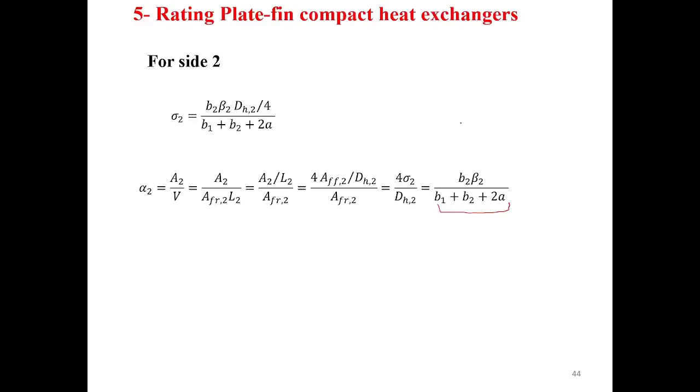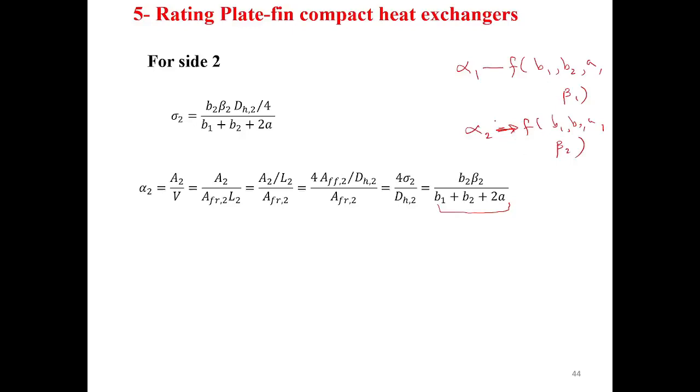The conclusion of these two equations is that now you have alpha 1 as a function of B1, B2, A and beta 1, and you have alpha 2 as a function of B1, B2, A and beta 2. So you can calculate alpha 1 and alpha 2.